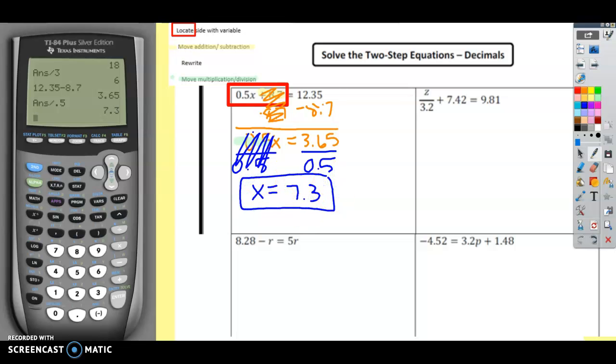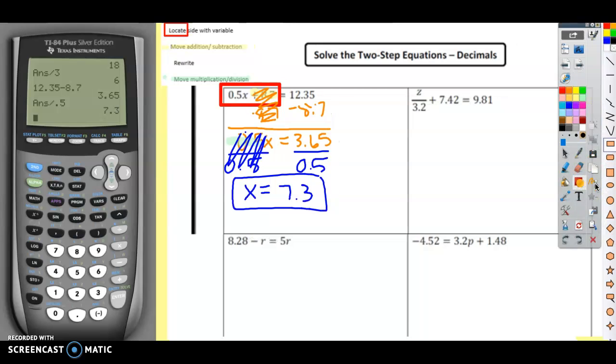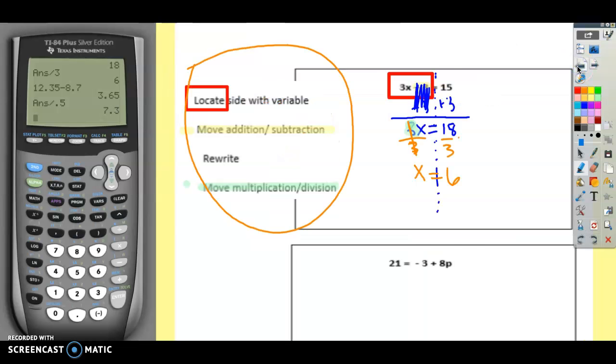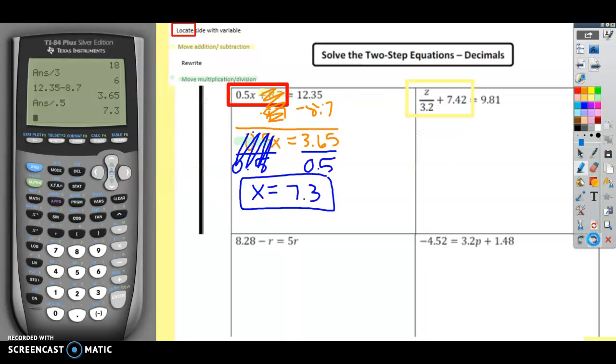Okay, look at the next one here. So again, following that same steps procedure, here's the side with my variable. I want to undo the addition subtraction first, and then take care of multiplication division. So the addition subtraction you should see right there. Sorry guys. So here's the addition I want to undo. So I'm going to subtract it on both sides.